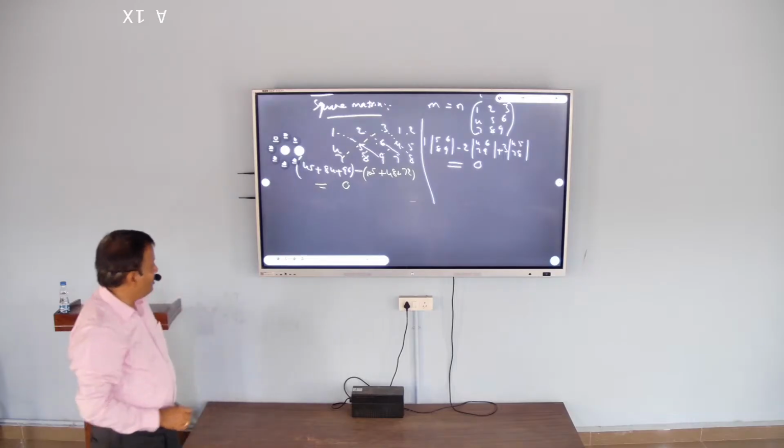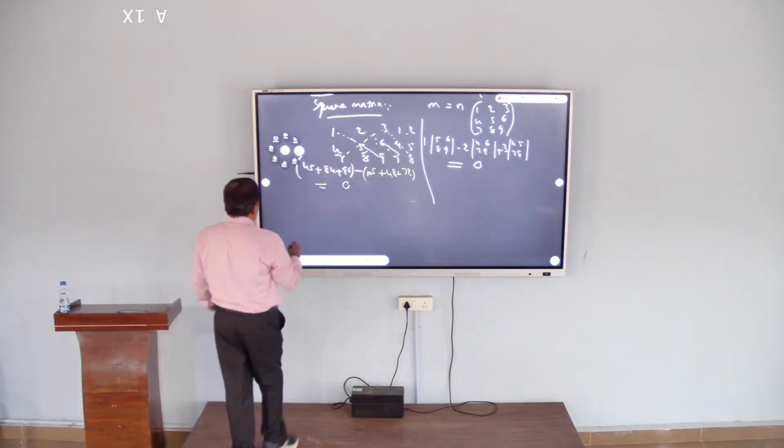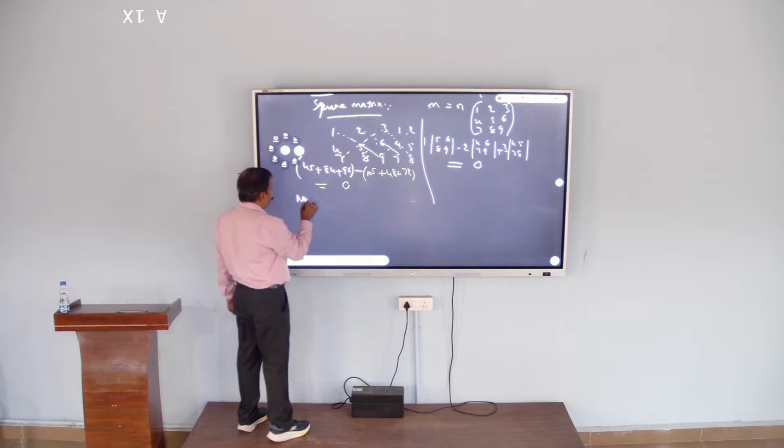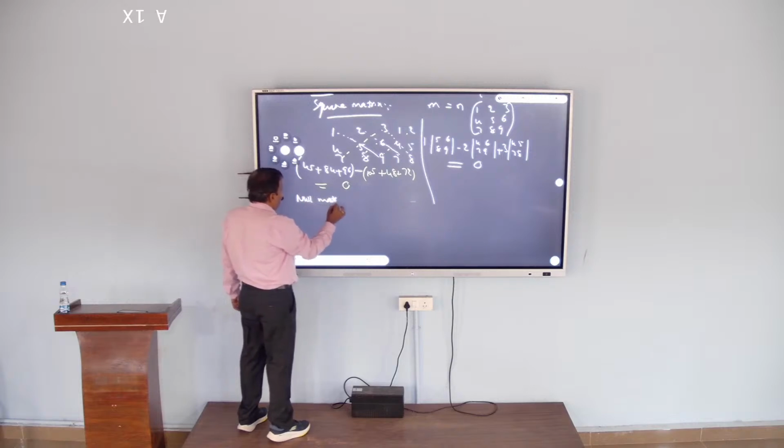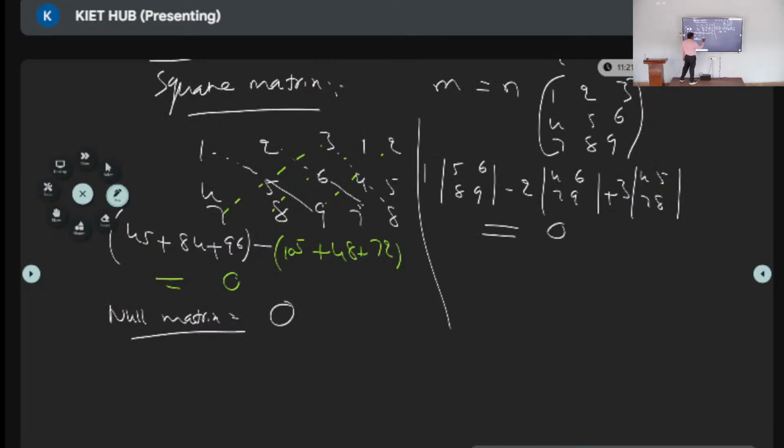Next, null matrix. What is the null matrix? In a null matrix, every element is 0. Without the knowledge about types of matrices, it is difficult to understand. Try to understand the types of matrices.